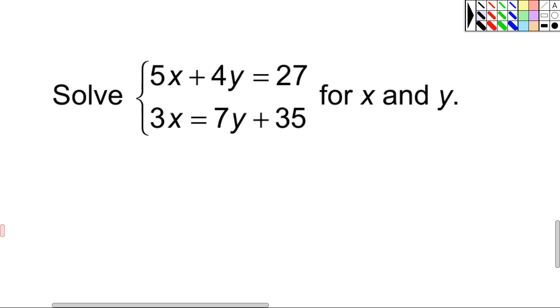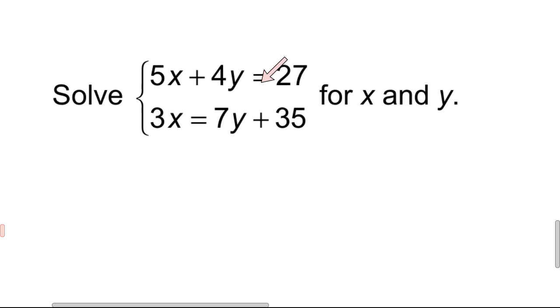Alright. Probably not going to choose substitution for this one because I would have to get a variable all by itself, and if I did that I'd have some messy fractions. So what I think I'm going to do is elimination, but if we do elimination I want to have my x's lined up, my y's lined up, and my constants lined up.